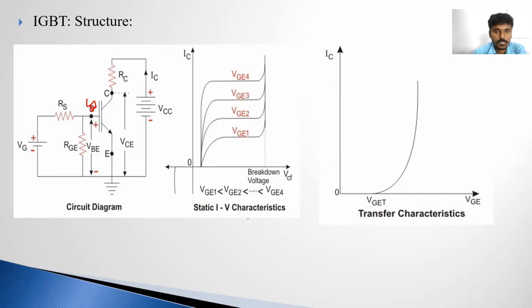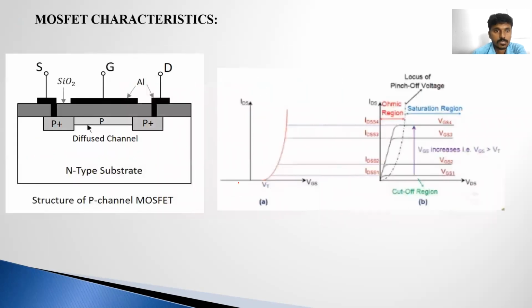Now the input characteristics: we draw VG versus IC, the input characteristics, and the output characteristics, IC versus VCE. Output current versus input voltage is the input characteristics; output current versus output voltage is the output characteristics. These are the characteristics of the MOSFET.